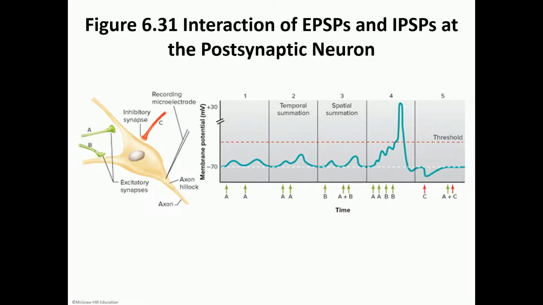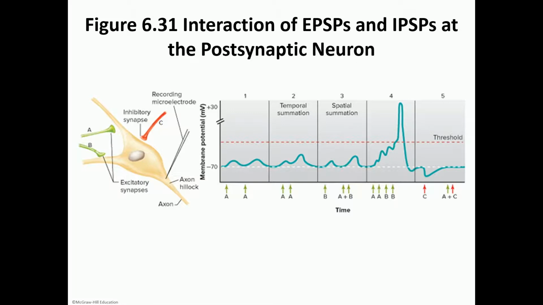The green ones are excitatory synapses, so these will lead to EPSPs, while the C1 is an inhibitory synapse. So that will cause an IPSP. So what does this poor neuron do? Does it become excited and depolarize, or is it inhibited and hyperpolarizes?